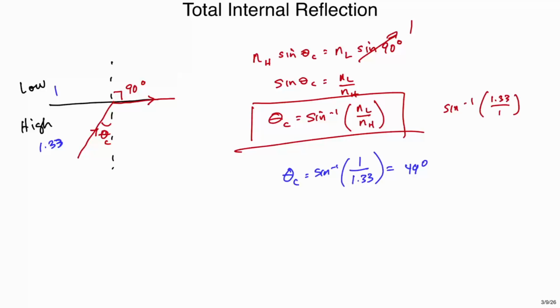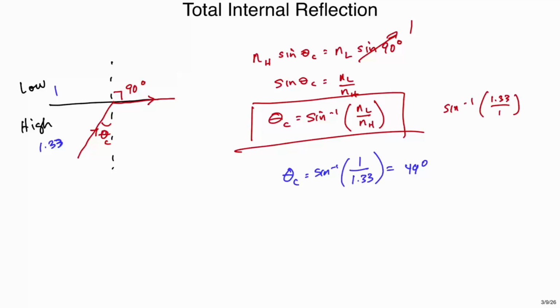What is the angle where that's possible? Well, it's the critical angle, right? And I can always get the critical angle if I keep track of my ratio has to be less than 1, right? And so that's got to be low divided by high. And now I don't have to worry about which one's theta 1 and which one's theta 2. I can nail the critical angle every single time.